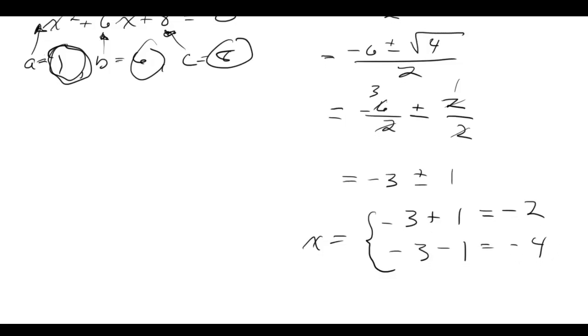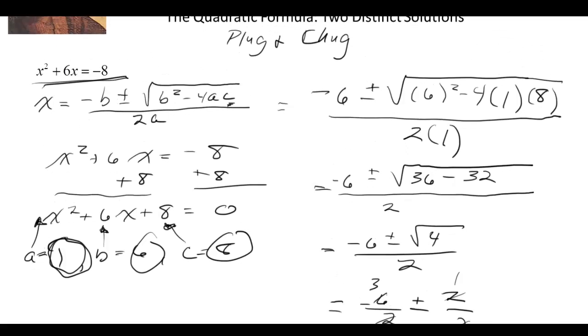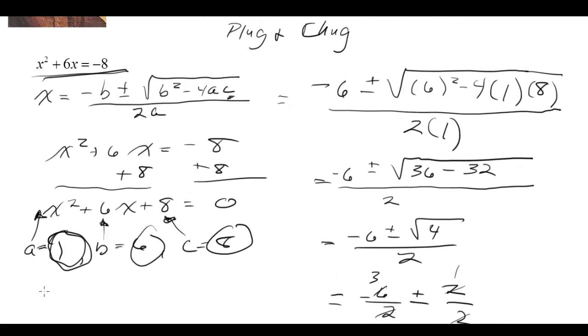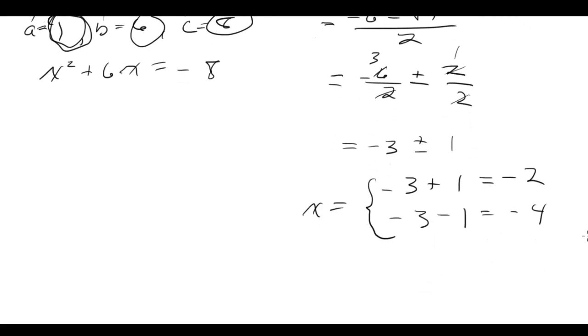And as always in mathematics, you get to check your answer yourself. So let's do that. Let's write down the equation. x squared plus 6x equals minus 8. Boy, my handwriting today is worse than usual. Hope you'll forgive me. All right, so now let's check. We're going to check for x equals minus 2. And what do we get? We get minus 2 squared plus 6 times minus 2.